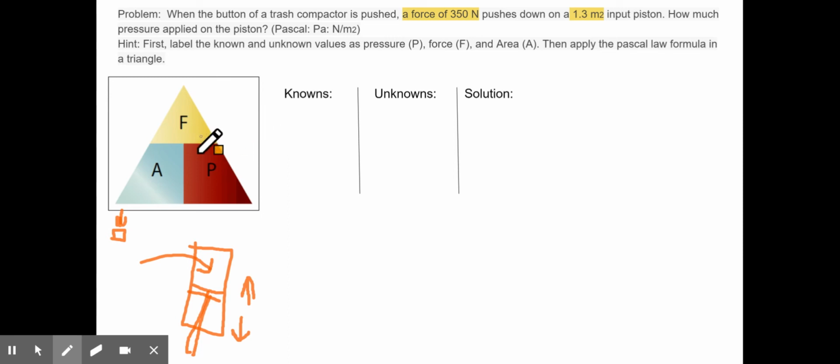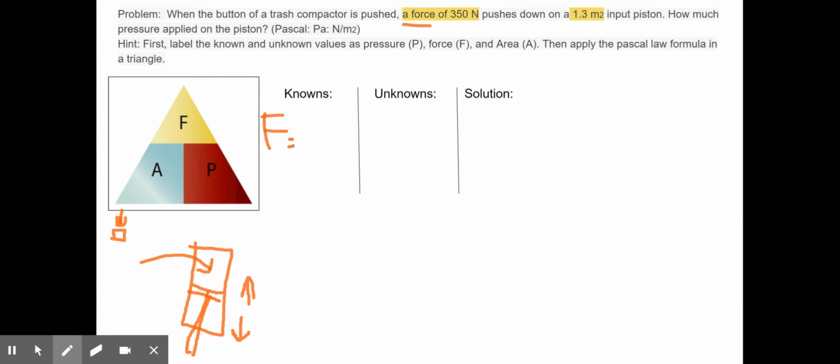So the formula is simple. Pressure is equal to F over A, right? So what do we know? There's a reason for me to highlight the force and the meter square, so that you pay more attention to the values. What is the 350? What is the 1.3 for? As you can see, it says force.